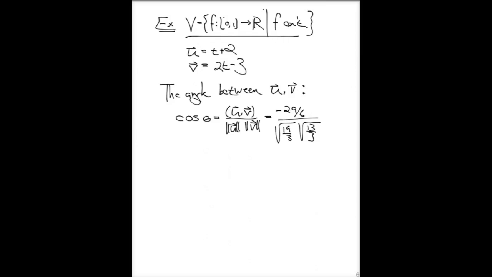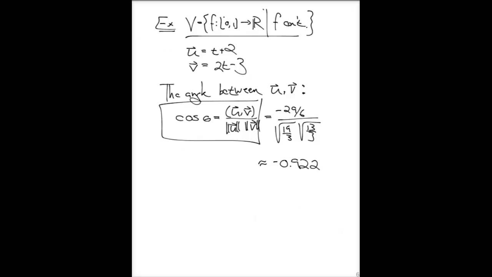So, given our new definition for angle, we've already found these inner products and these magnitudes, so I'll just borrow those figures from before. And we get -29/6 divided by root 19 over 3 times root 13 over 3. So we should calculate this just to get a concrete number.